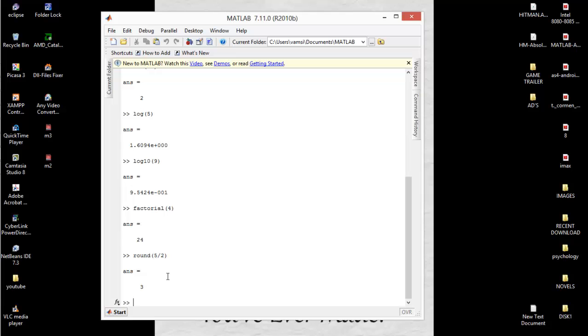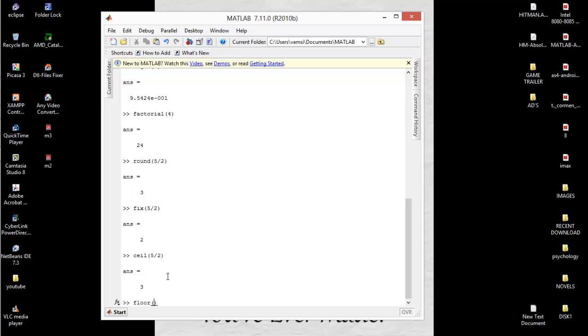Another one is fix. Fix goes towards 0. Fix of 5 by 2 goes to 2 instead of 3, because it is moving toward 0. Then there is ceil. It goes toward infinity, so of course it's 3. And floor goes toward minus infinity.